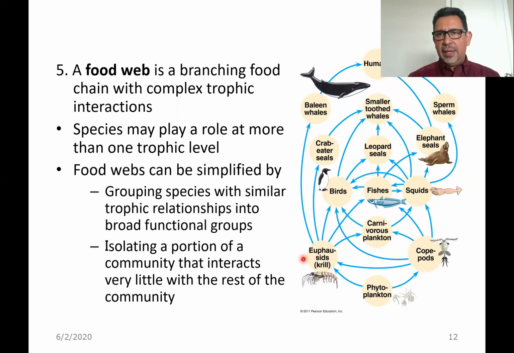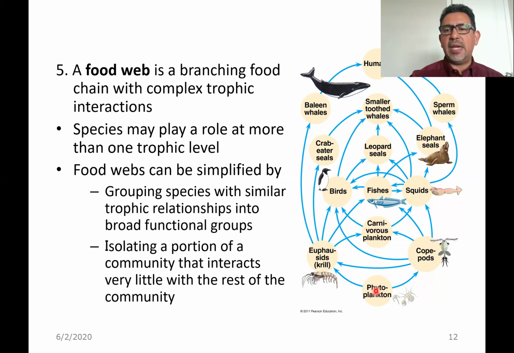So krill, if you just look at it in a food chain, may seem like they're only providing energy for one type of organism, but in reality, these are going to be feeding many different things. Something like carnivorous plankton sometimes can be a consumer, but sometimes it's going to be the thing that is providing food for another level of energy. In this case here, the carnivorous plankton is going to be providing food for a secondary consumer. This will be the primary consumer.